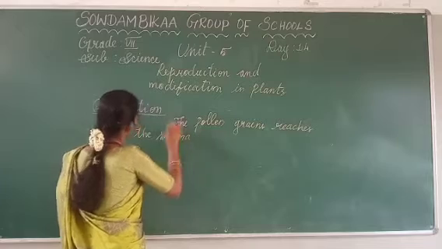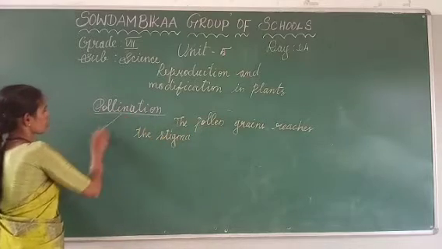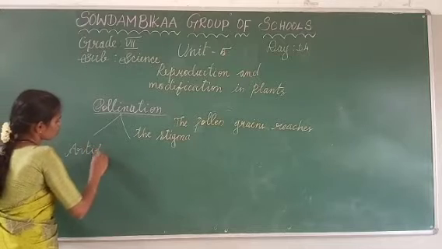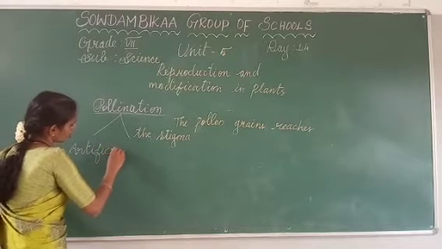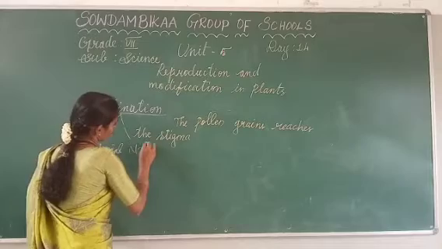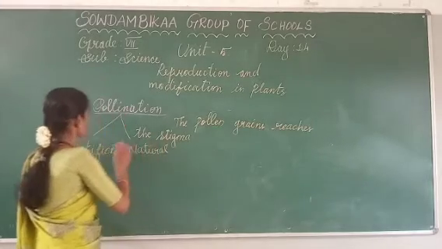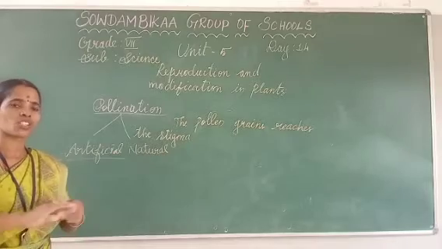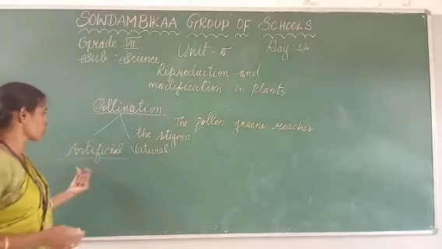Here pollination is divided into 2: one is artificial pollination, another is natural pollination. In artificial pollination, we transfer the pollen grains to the stigma. That is artificial pollination.